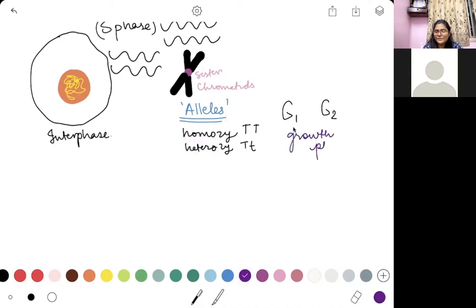During this entire period, your cell is undergoing a process where all of the genetic material is simply getting divided, and your entire genetic material is simply growing in length and size, and this is where your cell is actually preparing to undergo the process of mitosis.